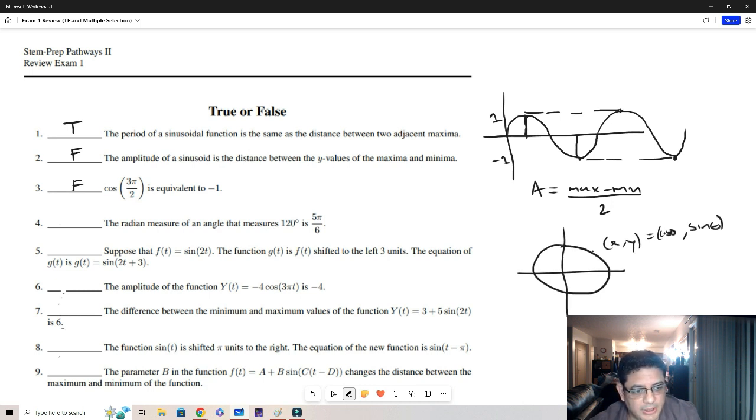If they're saying cosine of 3 pi over 2 is -1, we're taking the cosine of this point over here. This is pi over 2, 2 pi over 2, and 3 pi over 2, right? But this is the coordinate x, so the x coordinate of this point is going to be 0. This is the point (0, -1). So cosine of 3 pi over 2 is actually 0. The sine of 3 pi over 2 is -1.